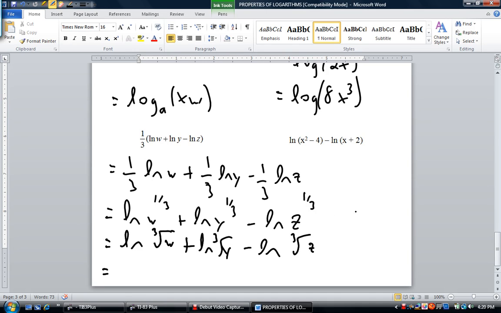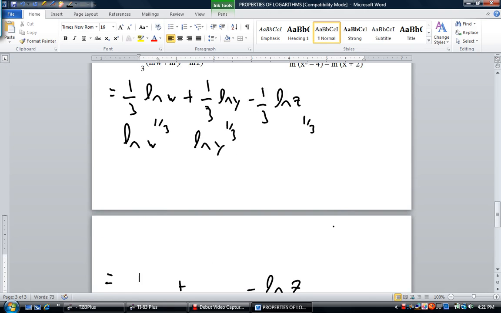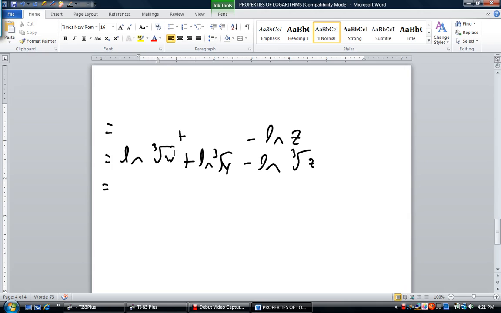And then my last step, which I need some more space. Now I can finally condense it down to one natural log.